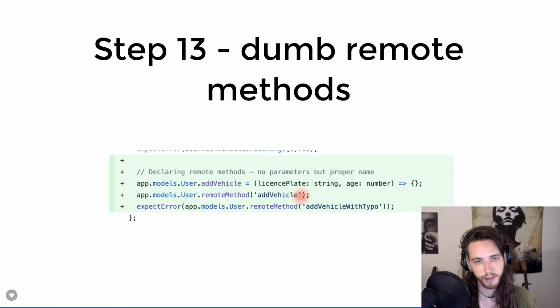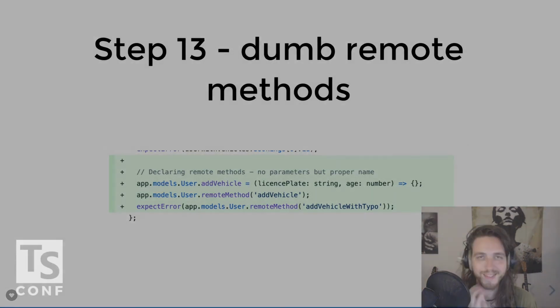In our case, there's supposed to be more stuff here, but this is the first step, so it will be covered with step 14. And that's it. There's nothing special. Just think that, like the relations, you need to be able to refer to the remote methods separately. Okay, let's get to it.